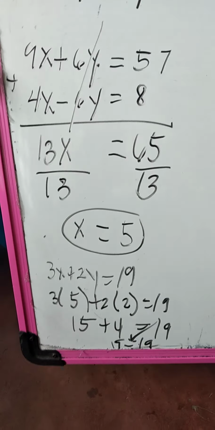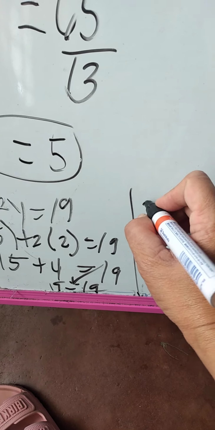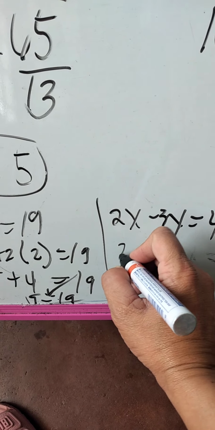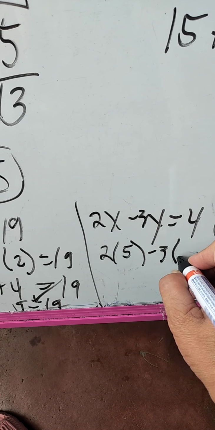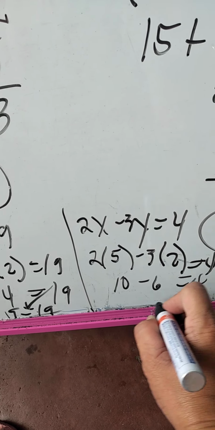It's a true equation. Check the second equation: 2x minus 3y equals 4. So 2 times 5 minus 3 times 2 equals 4. 10 minus 6 equals 4.